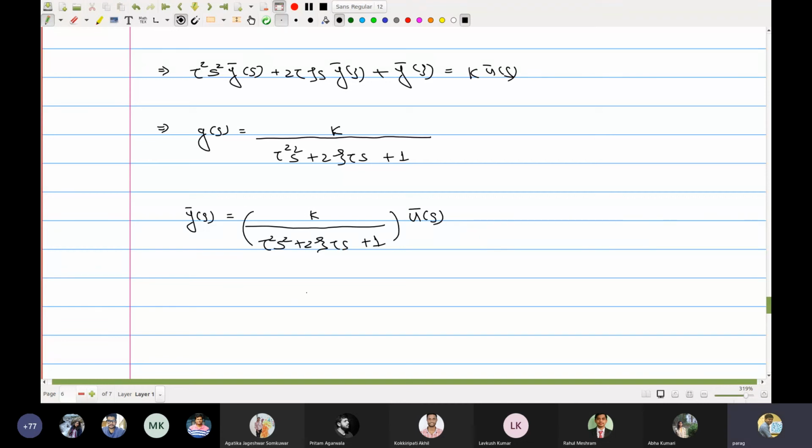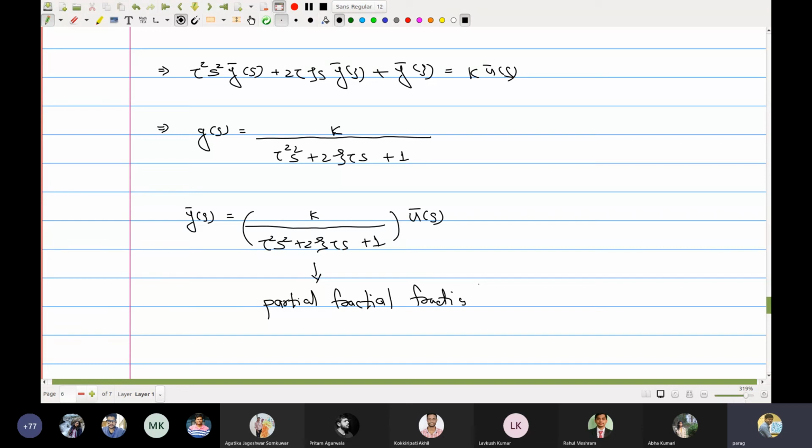And then what will you do from here? You will do partial fractions, and from those partial fractions you will write the response in the exact same manner that we did for the rest of the cases.